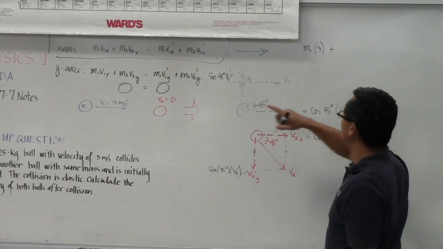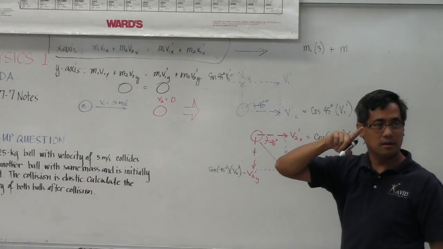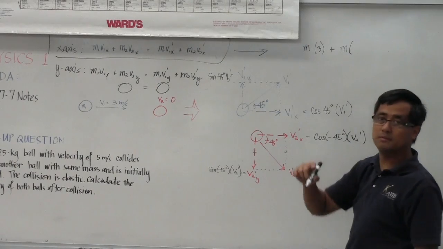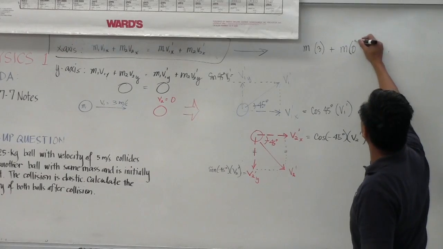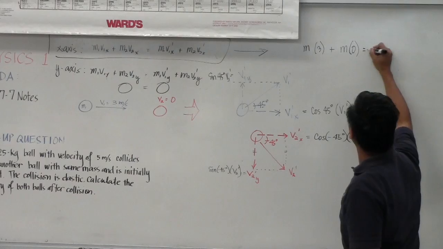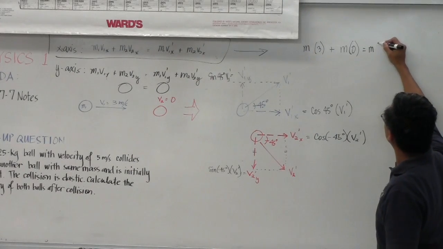And what's the mass of the second object? We don't know. But by the way, their masses are the same, so it doesn't matter what m we're using. What is the velocity of the second object before they collided? 0. We're looking at the x, right? Okay, so m1 is just m.